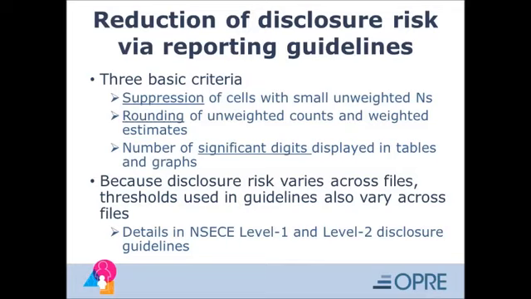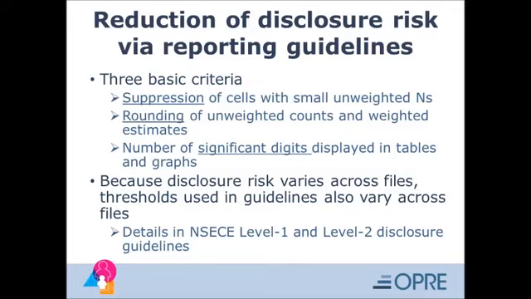Rounding refers to the rounding of unweighted counts and weighted estimates. And the number of significant digits is a rule that we implemented so that regardless of the scale in which you choose to report your estimates, there is a limit to the level of detail and the level of information that you can reveal. And because the disclosure risk varies across files, the thresholds used for suppression and rounding vary across files.